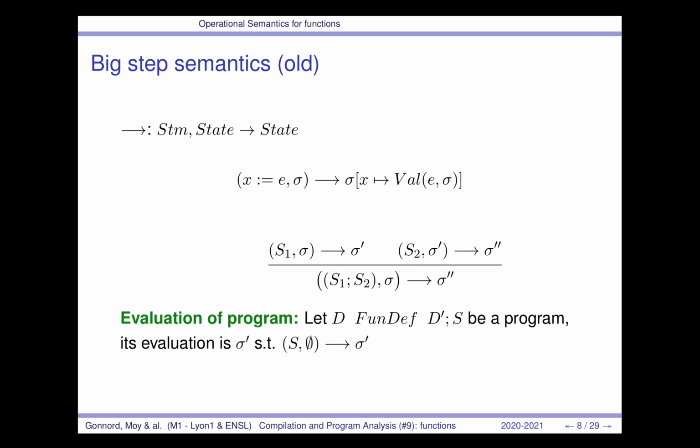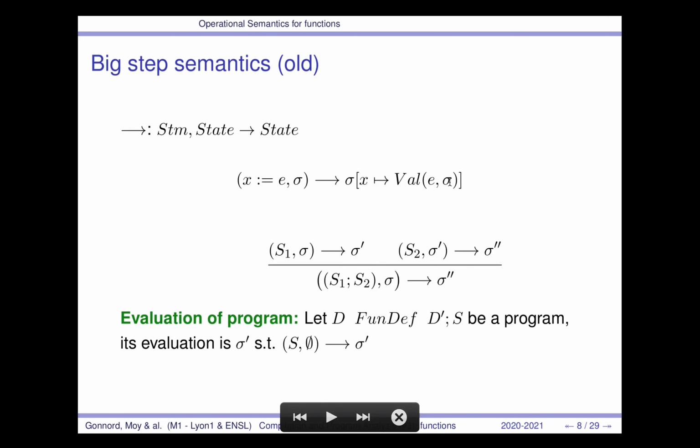So remember, you had this evaluation for plenty of things. For example, assignment here: if you want to assign to X the expression E inside the state sigma, you produce a new state sigma. Remember, sigma is a store that maps variables to their value. So now I know the new value of X should be E. That's what I'm doing. I produce a new store here where X now maps to E. Well, in fact, to the evaluation of the expression E, because E might be 1 plus Y, for example, inside the store sigma.